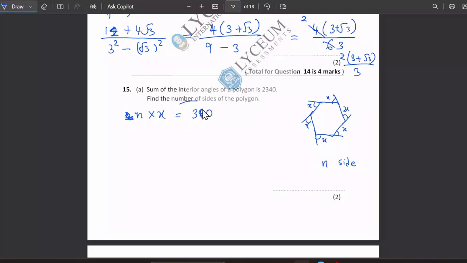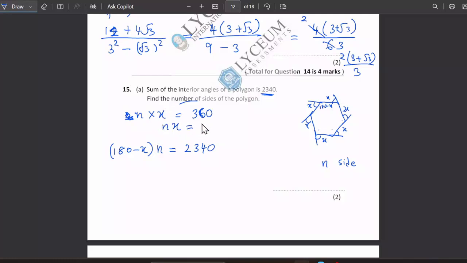Okay. And again, we know that if this is x, this is 180 minus x. So if n sides are there, 180 minus x times n should be equal to the given value, 2340. Now we have two equations. We can use these to find the value of n.